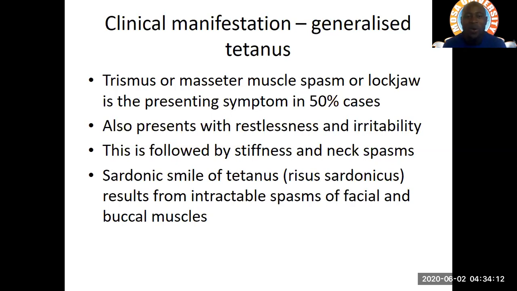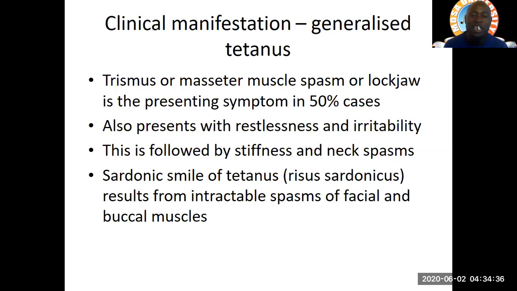So there is what we call a sardonic smile of tetanus. If you look at this baby, the baby looks to be smiling. But this sardonic smile comes in as a result of intractable spasms. If you go back to the pathophysiology, we know that since there's tetanus, they will start producing what? Spasms.